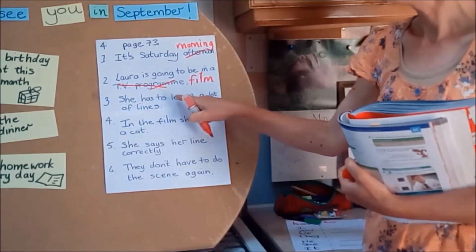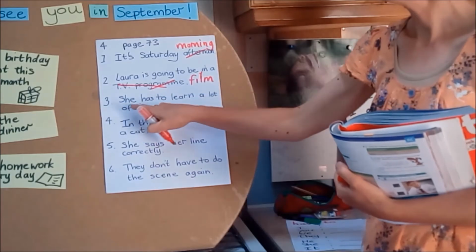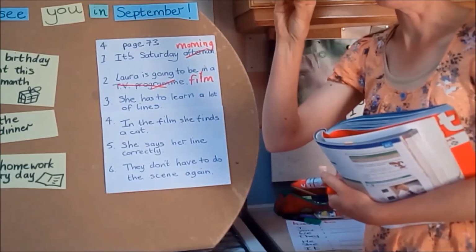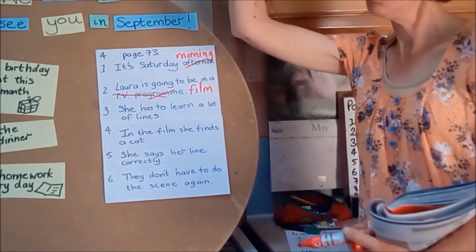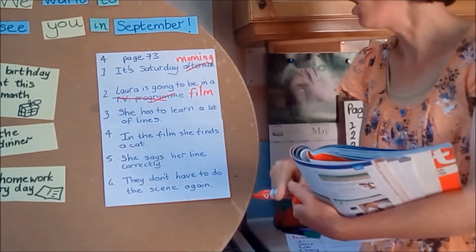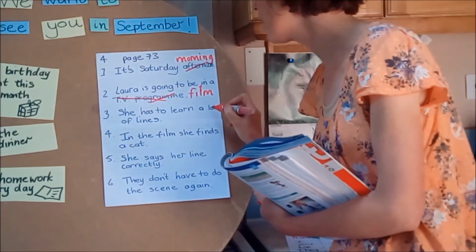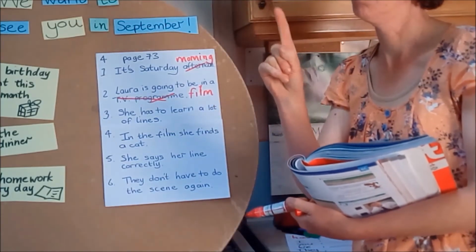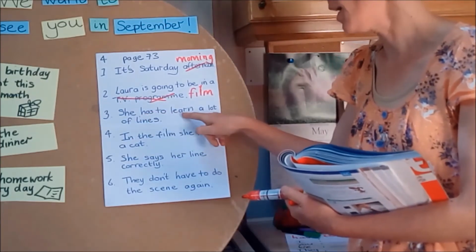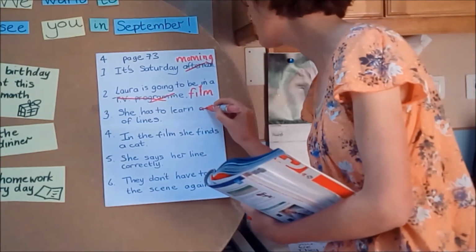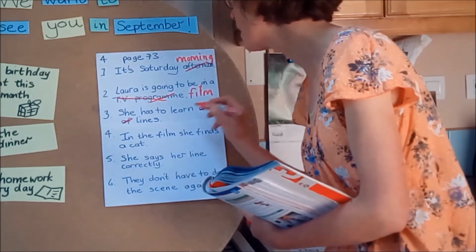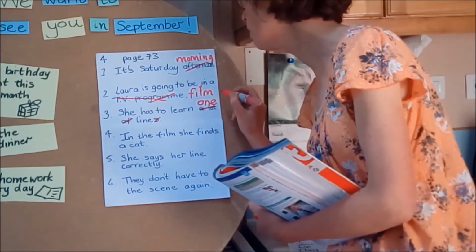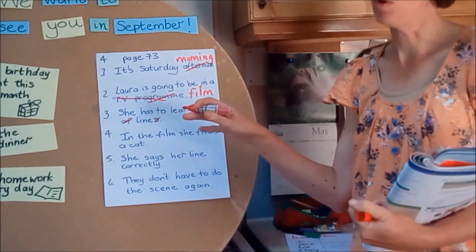She has to learn a lot of lines. She has to speak a lot. A lot? No. I think she has to learn one line. So she has to learn, yes? Let's take this out and say she has to learn one line. That's all.